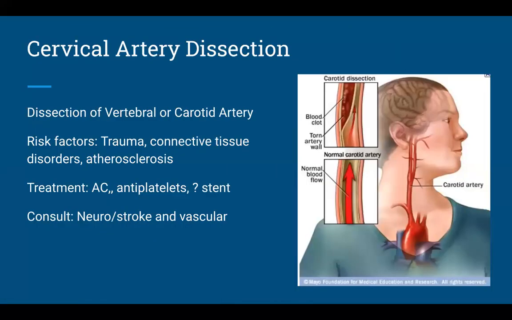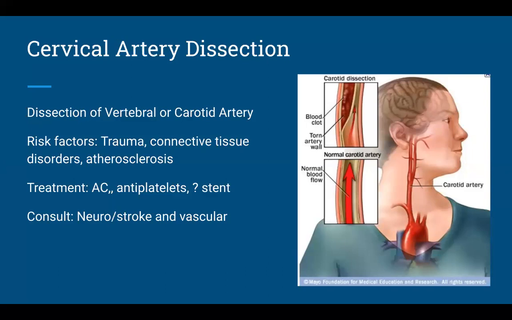And for the dissection, which can be either your carotid, your internal carotid, or your vertebral artery, you want to have these things on your radar. You think of things like trauma, even minor trauma. If they have connective tissue disorders like Marfan's disease, or if they have really bad known atherosclerosis, they're definitely at a higher risk of having a dissection.